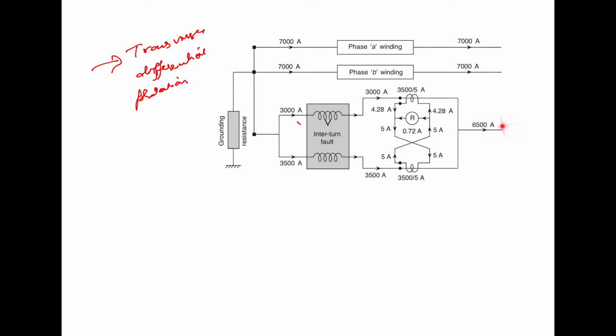Therefore, a longitudinal differential relay would be incapable of detecting the fault, because whatever the current is entering in this phase is 6500 ampere, and here also it is 6500.